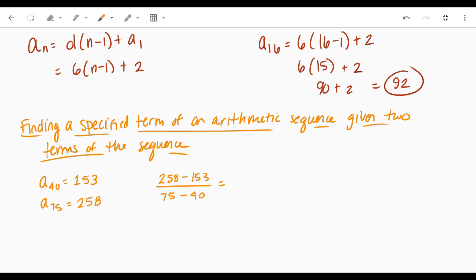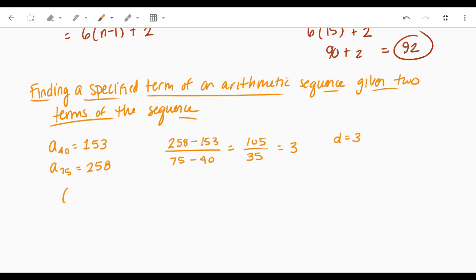So we have 105 divided by 35. There you go. Which is 3. So that constant difference is 3. And again, it's just like a slope. It's just like having the points 40, 153, and 75, 258, and being asked to find the slope between those 2 points.